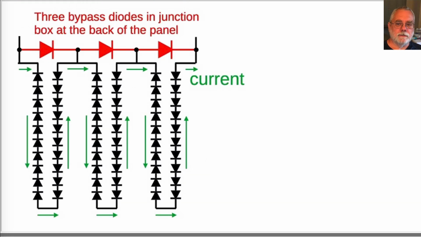This drawing shows, in red, three discrete bypass diodes, one per string of solar cells in the panel, installed by the panel manufacturer in the junction box at the back of the panel. The end user may not even realize these diodes exist. The installer does nothing to these bypass diodes.